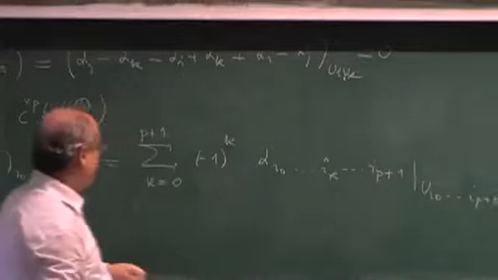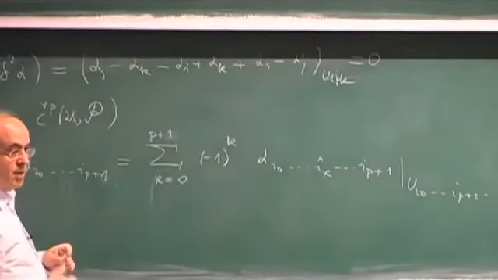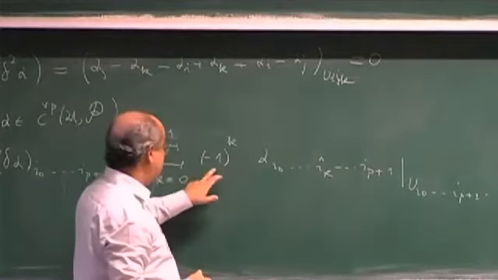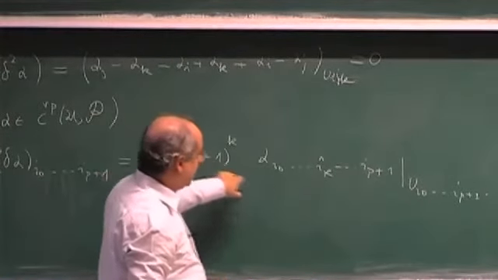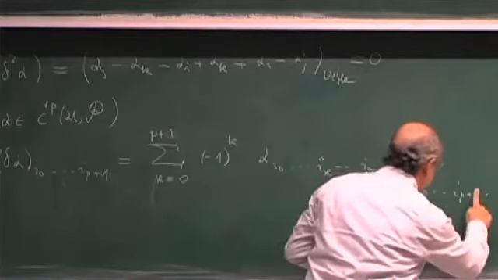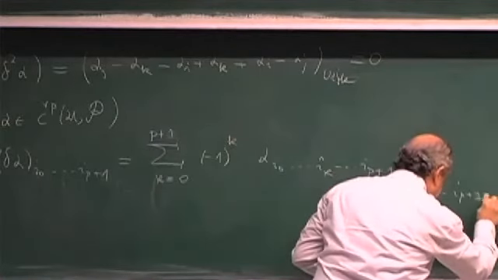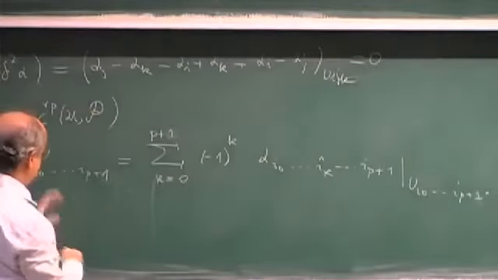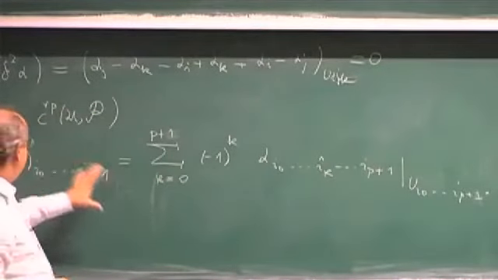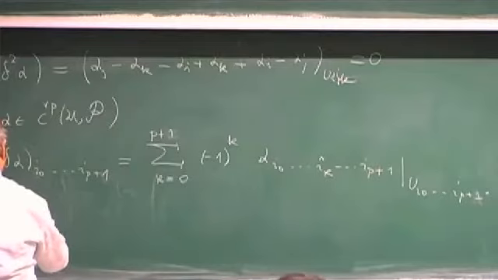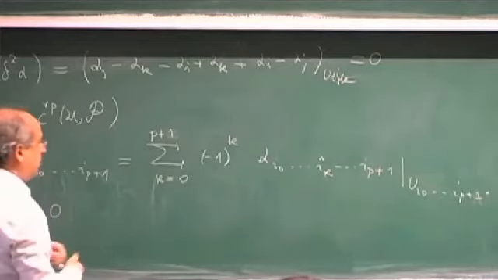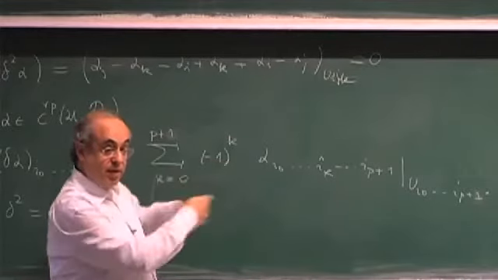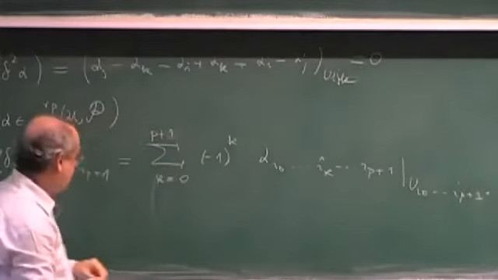You see it's exactly the same. You omit in turn an index, you have an alternating sign, and you restrict to the relevant intersection. And for exactly the same reason, if you compute the square, you always get 0, because you write twice the same object but with a different sign, by making a relabeling.